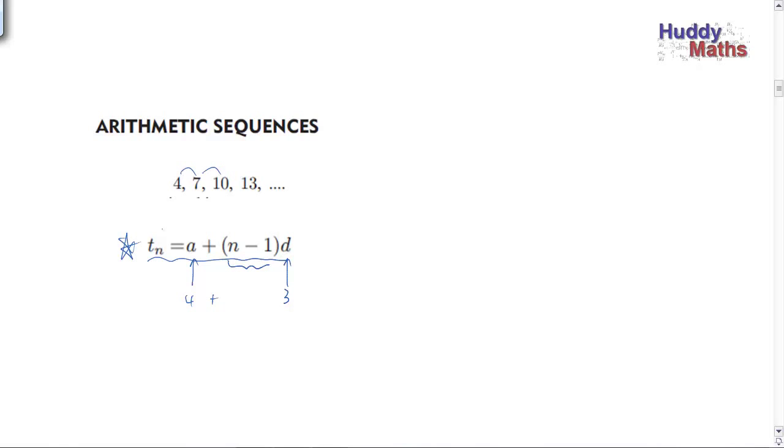What is the recursion formula? Well, how would you describe it? To get any term, what do you do to the one before? I know, you add on the common difference, don't you? Right, so any term, let's take this one here, the fourth term, T4, is the preceding term, T3, plus 3.